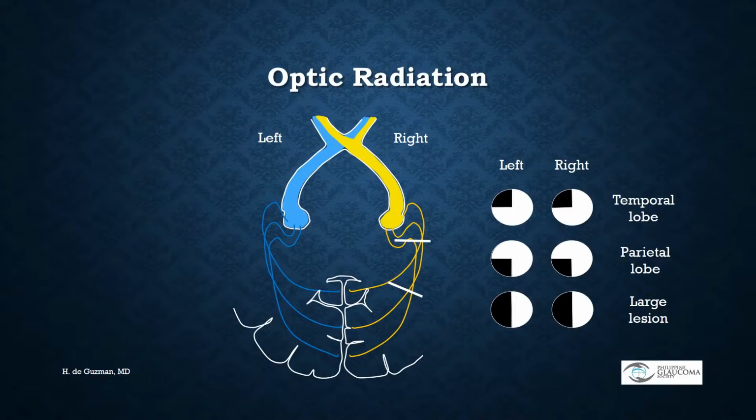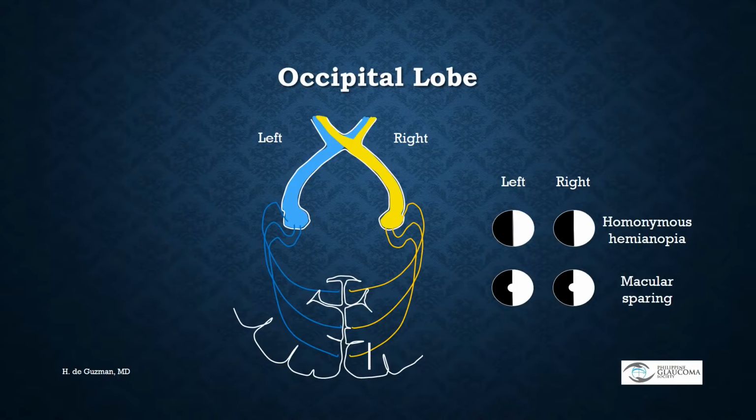Optic radiation lesions differ depending on what lobe is affected, and occipital lesions vary according to the part of the occipital lobe affected and the size of the area affected.